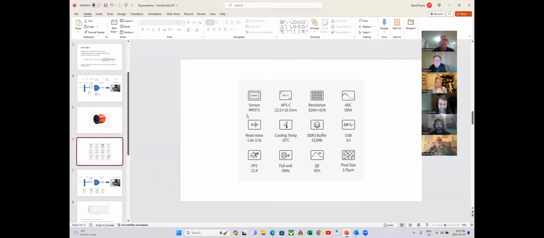So it basically is the brand of the sensor, the size of the sensor, and the resolution. So this is how many of those pixel sensors are in the camera. Then they show you how many bits are used to represent those ADUs that I was talking about.